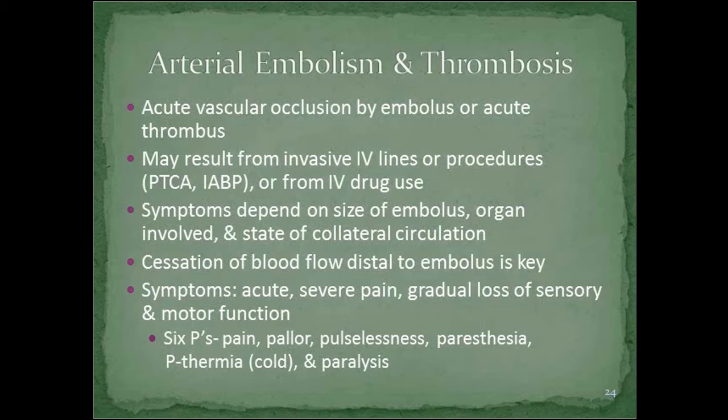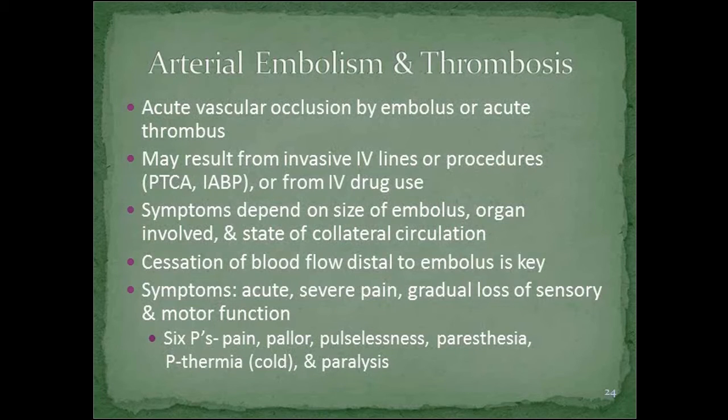They can result from having an IV line in place for too long, a central line or a PA catheter, especially an A line in place. Remember we talked about placement of A lines, how you have to do the Allen test to assess for circulation. So it can result from a disease process, AFib, MI, endocarditis, CHF, or they can result from treatments, IV lines and procedures.